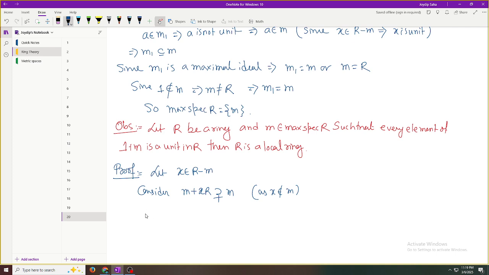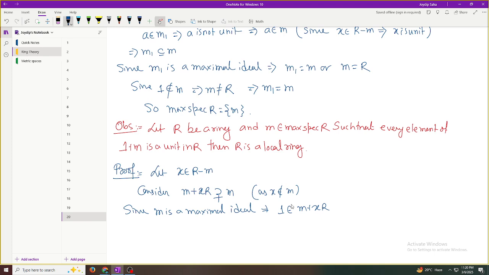Now since M is the maximal ideal and it is a proper containment, this implies 1 belongs to M plus xR.